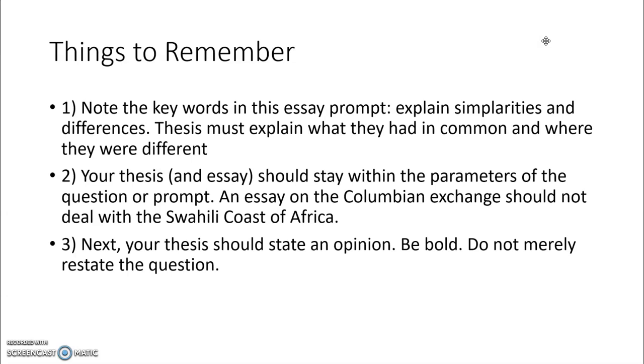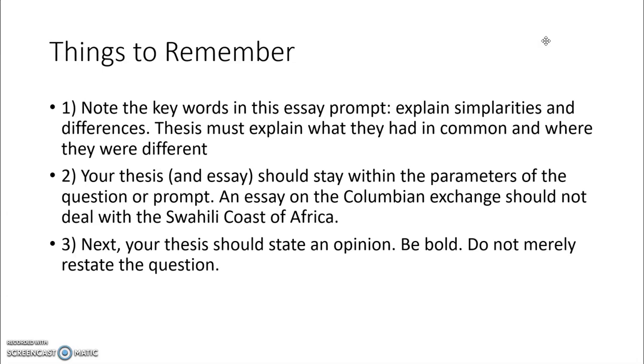Your thesis, and your essay, should stay within the parameters of the question. For example, if your essay is on the Columbian Exchange, you should not bring up deals with the Swahili coast in Africa. You have 4 things to tell you. You got 2 countries, 4 ideas to talk about. Stay inside the box. 3, your thesis should state an opinion.